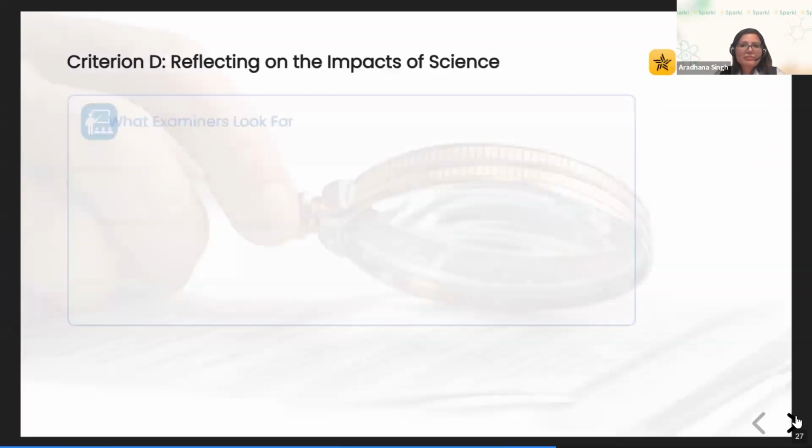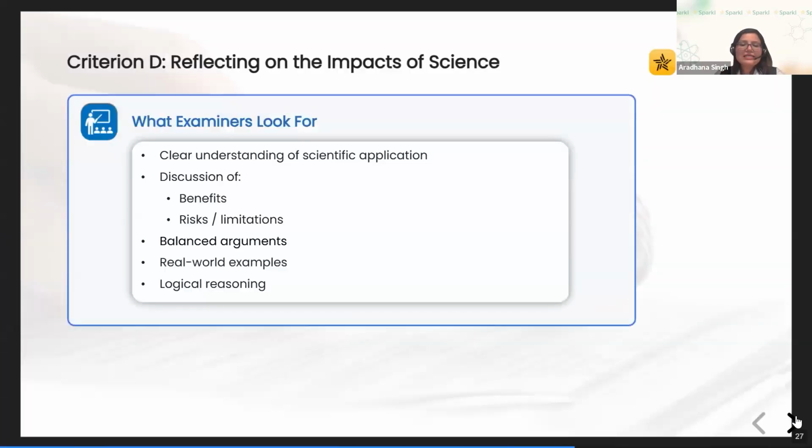Okay. Typical D type questions should include a balanced reasoning and argument, right? You need to clearly discuss, not in terms of a paragraph, I will suggest. Avoid writing a big paragraph while communicating for impact of science.